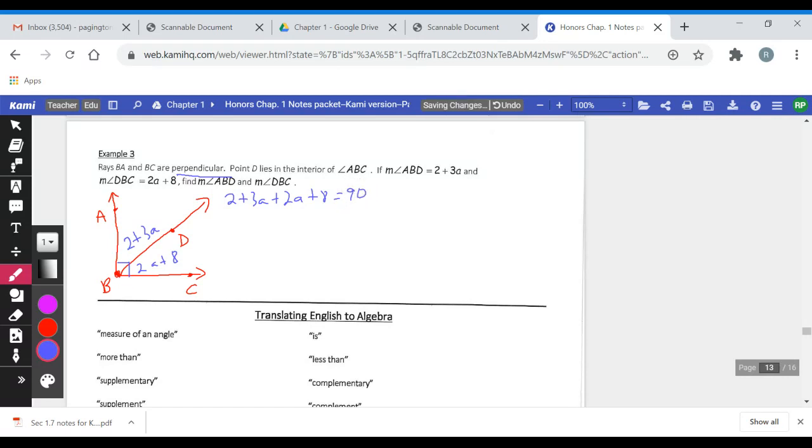So if I combine my A's together, I get 5A. And combine my 2 and my 8, I get 10. And that's equal to 90. If I go and subtract 10 from both sides, I end up with 5A is equal to 80. And then if I divide by 5 on both sides, I end up with A is equal to 16.